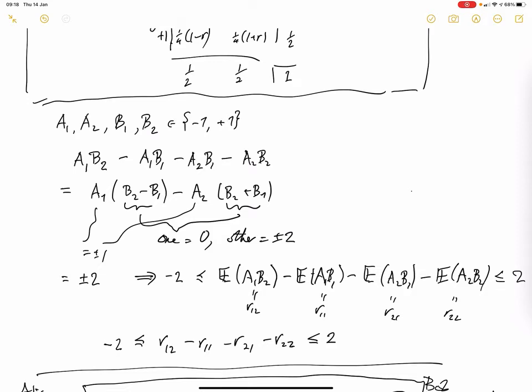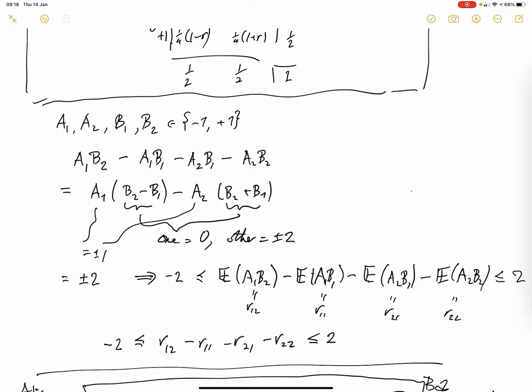You can write that as A1 times (B2 minus B1), and then you've got left minus A2 times (B2 plus B1). And of those two terms in brackets, one of them is going to be 0 and the other is going to be plus or minus 2, because either B1 equals B2 or B1 equals minus B2.